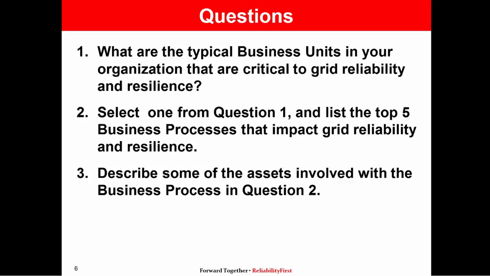And then the third question would be, describe some of the assets involved within the business process in question 2. This is a really good fill-in question set that you have to think about a little and try to apply to your organization as you go through the questions. So we'll pause the webinar for now and take a few minutes, and then once you answer the questions, we'll start back up.